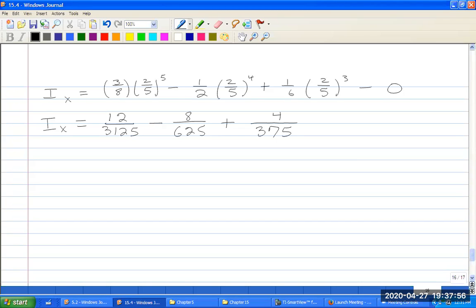So this is equal to. Let's multiply by 9375. Okay, so that's 36 minus 4120 plus 375.